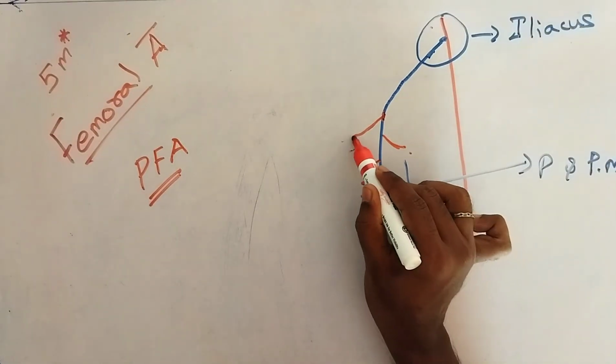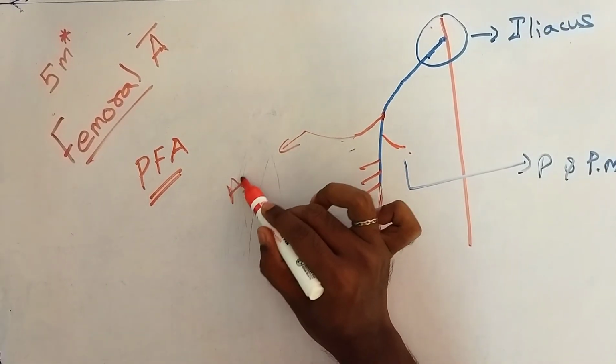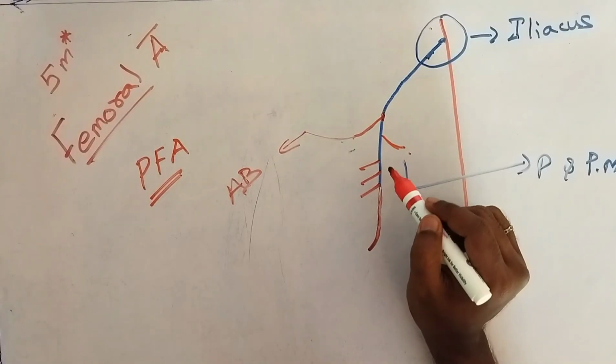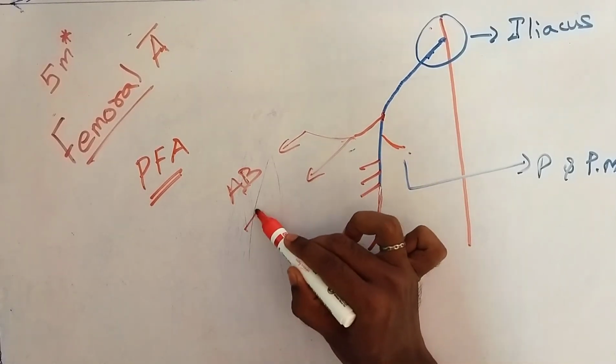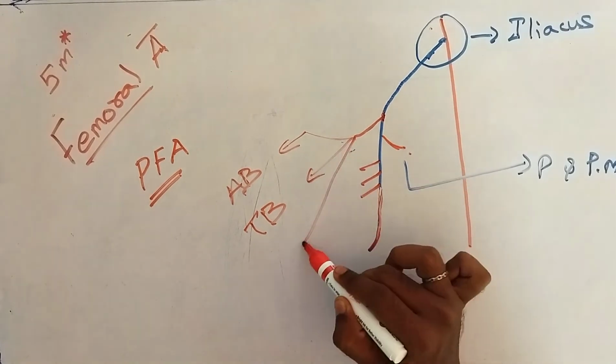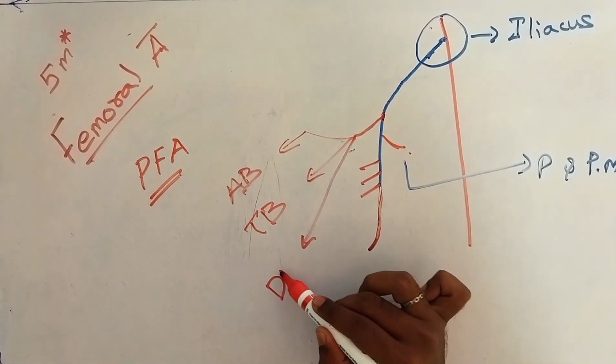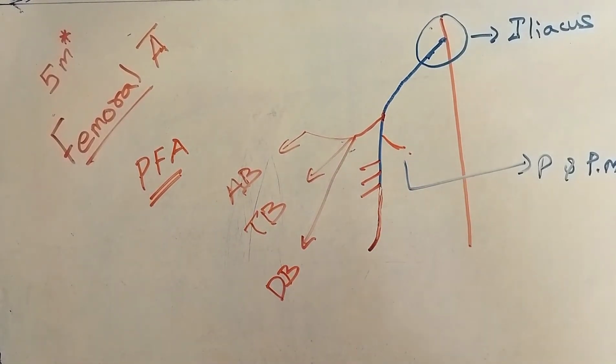First is the ascending branch, next the transverse branch, and next the descending branch.